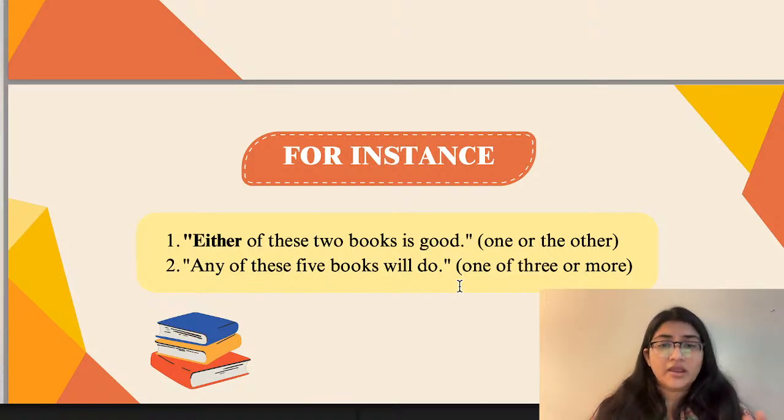That means one or the other one. You have two options and you're saying that one or the other is good. But when you're saying any of these 5 books will do, that means you're talking about one of 3 or more. That means one out of all the books is good. This is what you're trying to say. So remember the basic difference between either and any: either is used for 2 options and any is used for more than 2, that means 3 or more.